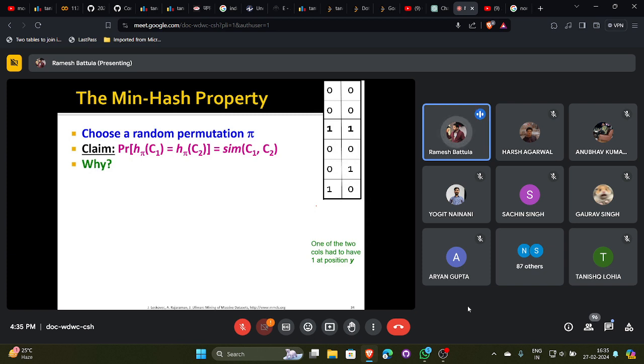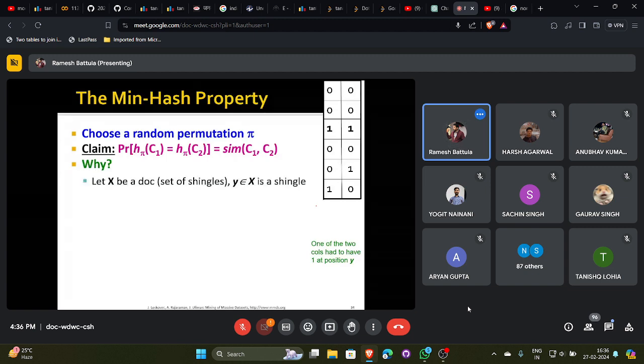In the min hash property, first you choose a random permutation pi, and you compute the probability that h of pi of c1 is equal to h of pi of c2, which is going to be equal to the similarity of c1 c2. Here is one example. One of the two columns has to have a one at position y.